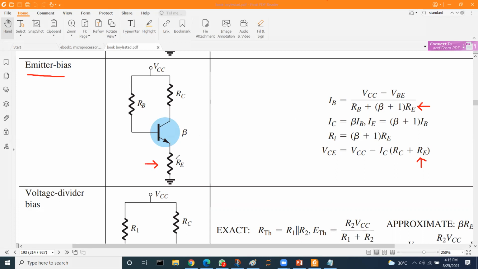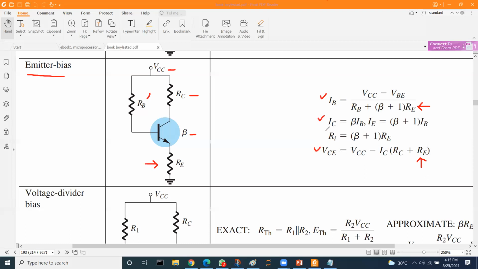So as you can see, the values which are given are VCC, RC, RB, and beta, and these formulas will be used to calculate the different characteristics.